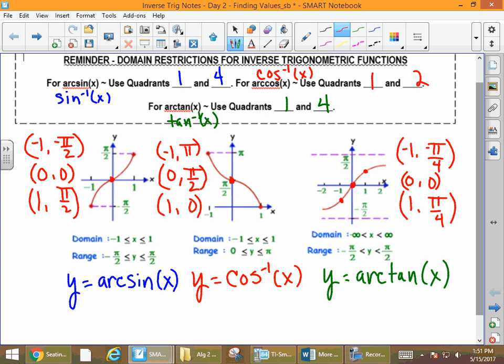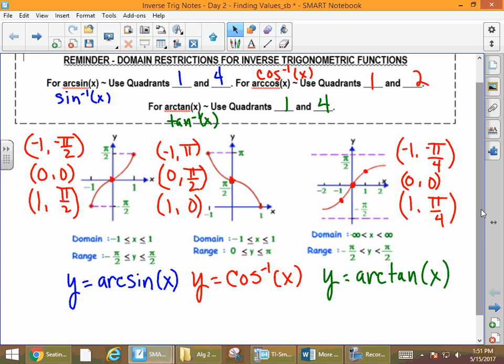A couple other things to point out, specifically on the tangent function here, since we were just talking about it. The range of a tangent function is all real numbers, negative infinity to infinity. And when we're dealing with inverses, the domain and the range switch.